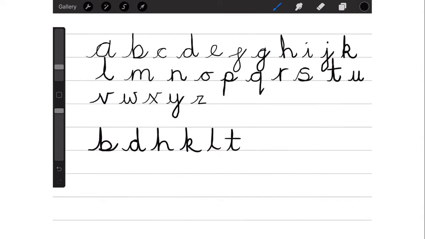They are all ascenders, so they all touch the bottom line and touch the top line.